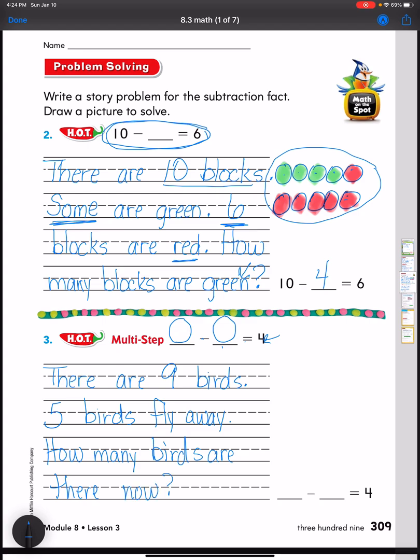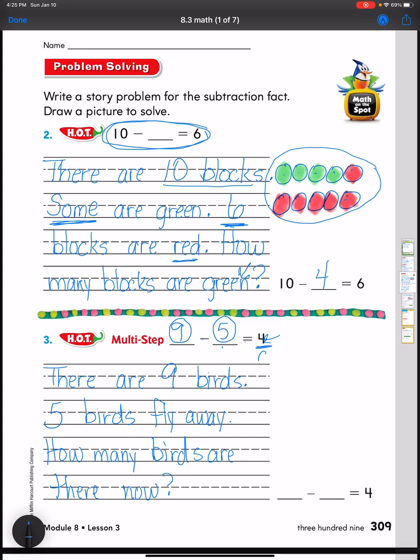So what's left? All right. So I can draw my 9 birds. Let me fill my numbers in. 5 birds fly away. Right? 9 minus those 5. Let's see if that equals 4.